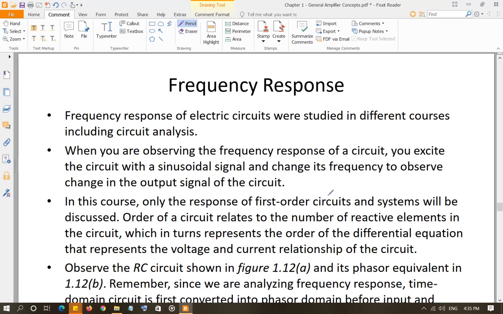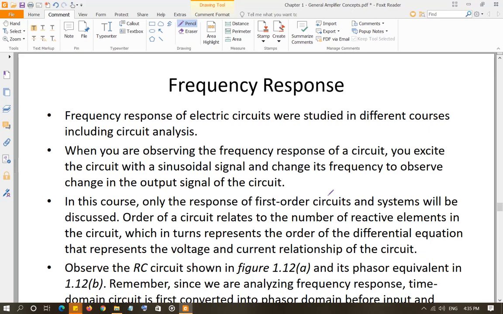Of course, inductor and capacitor change from henries and farads to ohms, where the inductive reactance is j omega L, and the capacitive reactance is 1 over j omega C. One of the main reasons we do that is to make our life easy. Instead of solving everything in the time domain, we solve in the frequency domain. We can observe the frequency relationship, and also apply algebraic rules instead of differential equations to solve any circuit.